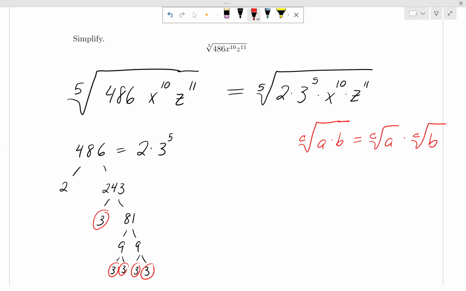So I'm going to split this fifth root into 4 separate fifth roots: the fifth root of 2 times the fifth root of 3 to the 5th times the fifth root of x to the 10th times the fifth root of z to the 11th.